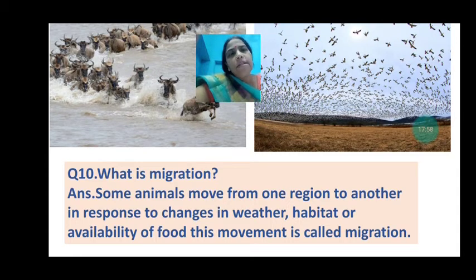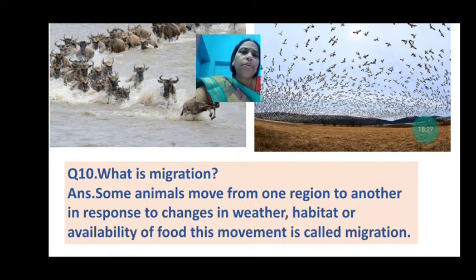So what happens? Some animals move from the place where they are living to another place when there is a change in the season. Suppose it is very cold, then these animals leave that place and go to a warmer place where they can live comfortably, find food, and give birth to their young ones.